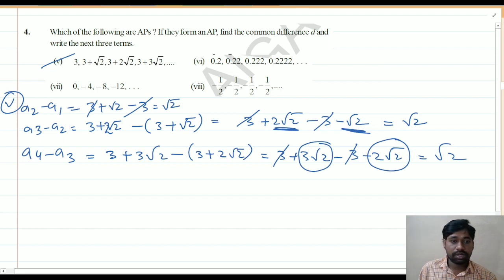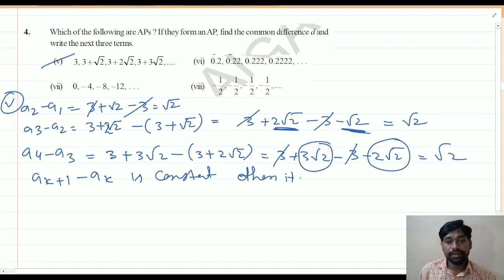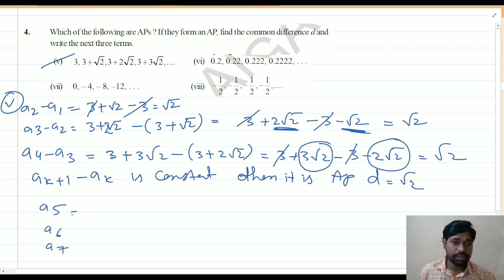Means the common difference A(k+1) minus A(k) is constant, then it is an AP. So d is equal to root 2. What do we have to do? A5, A6, A7 we have to write.